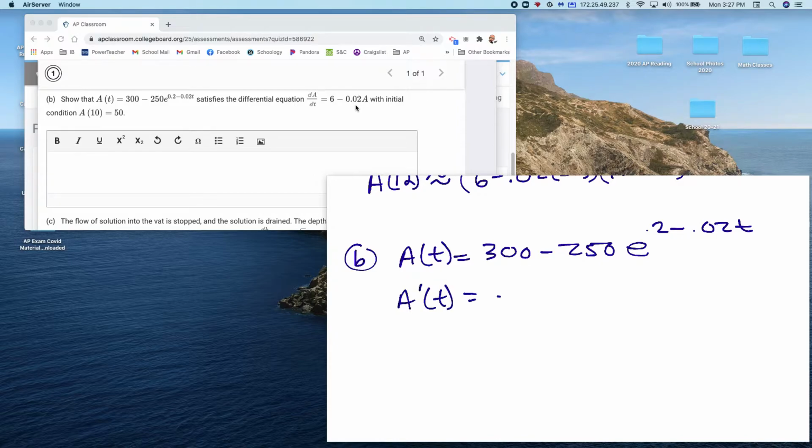A prime of t would be negative 250 e to the 0.2 minus 0.02 t times negative 0.02.